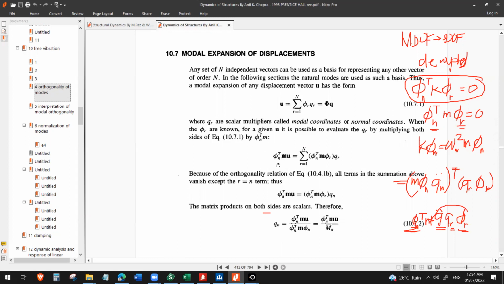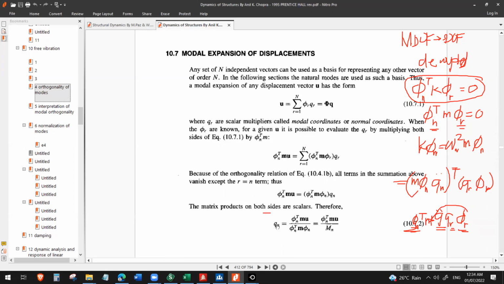So we now have phi n transpose m u equal to the summation of phi n transpose m phi r q r. Again, because of the orthogonality, n and r cannot combine, so those terms become zero. So we now have phi n transpose m u equal to phi n transpose m phi n Q sub n, so that it doesn't become zero.